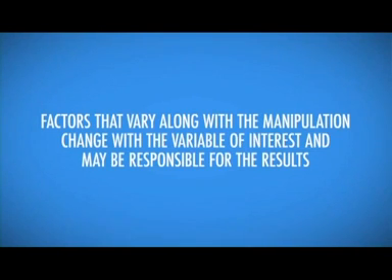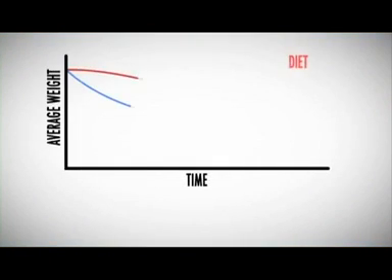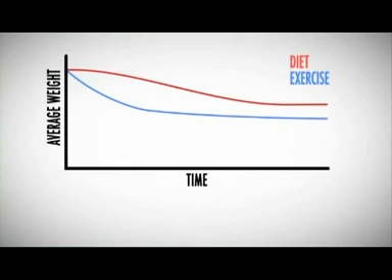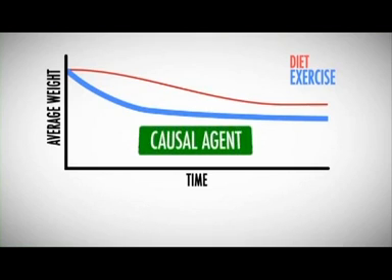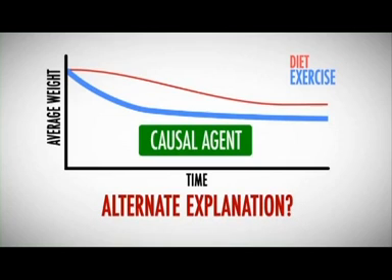For example, if participants in the exercise program lose more weight than those in the diet program, we're likely to conclude that the exercise itself is the causal agent or ingredient, but there could be another variable that is involved.